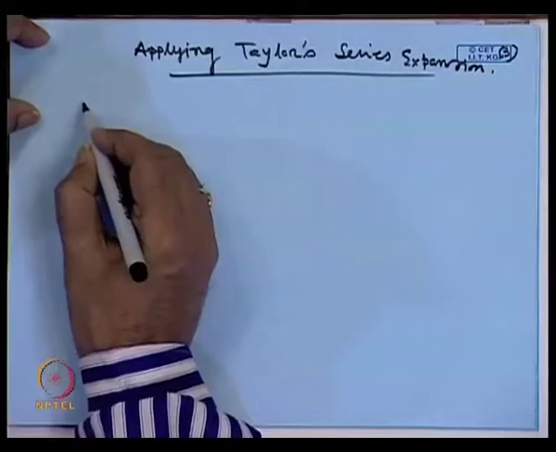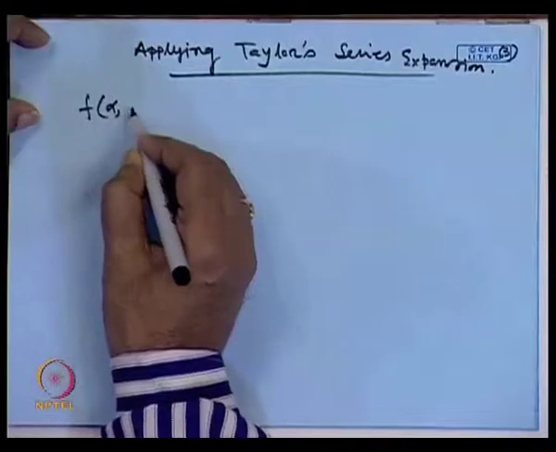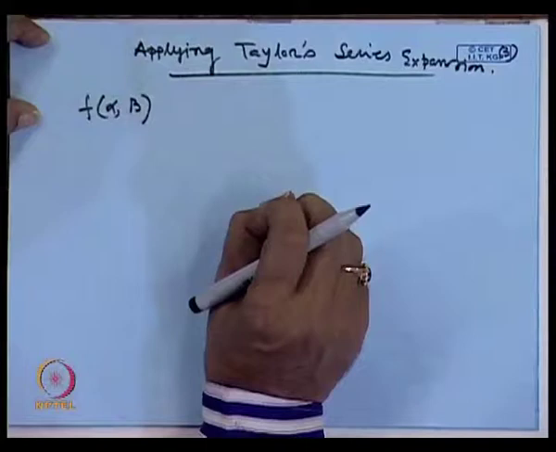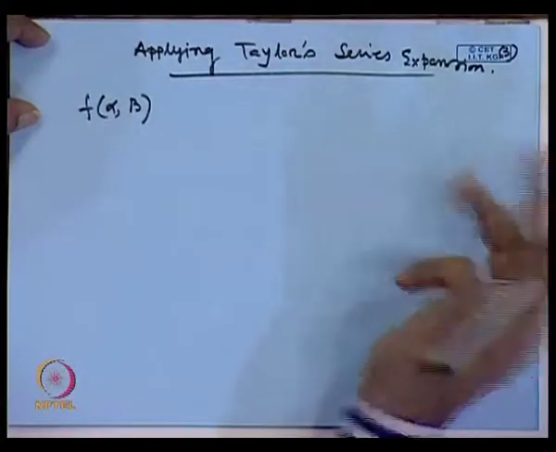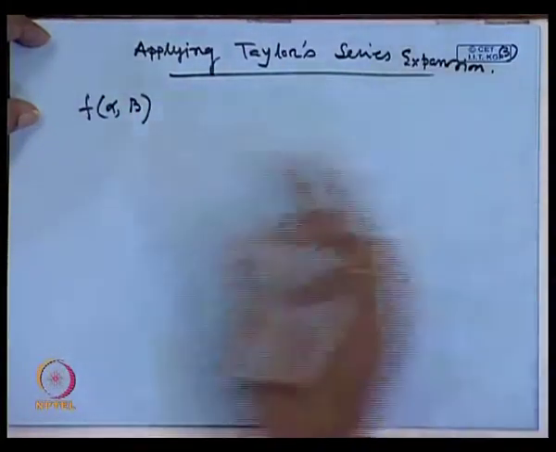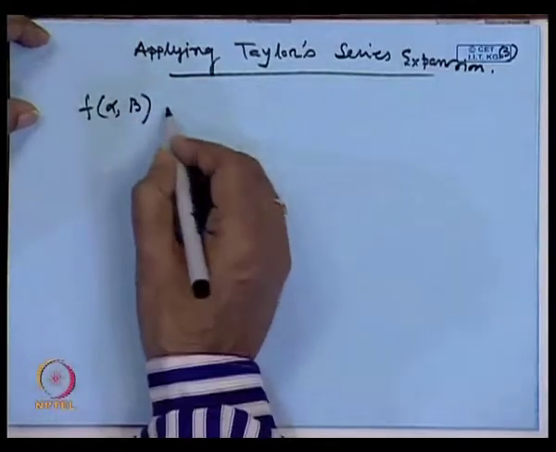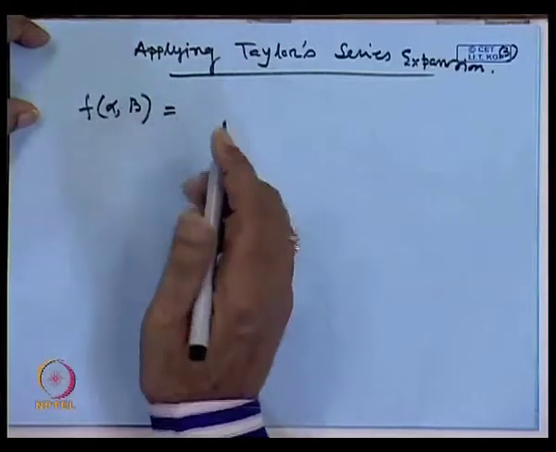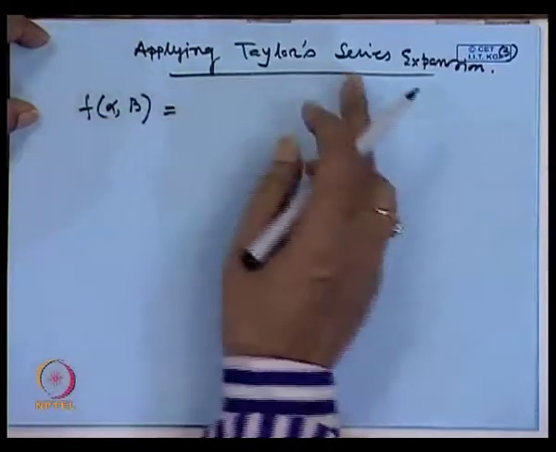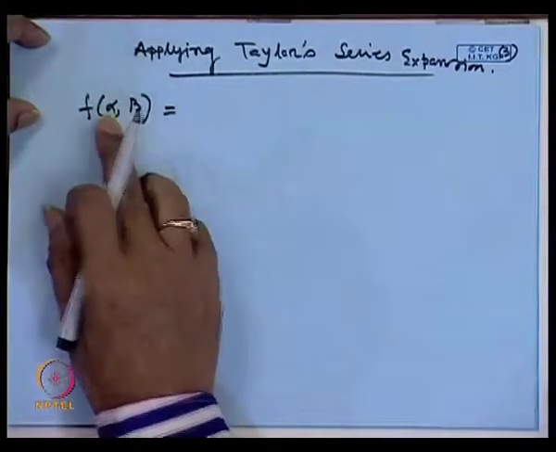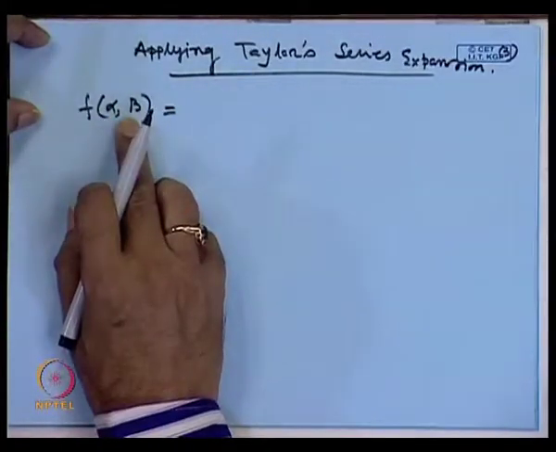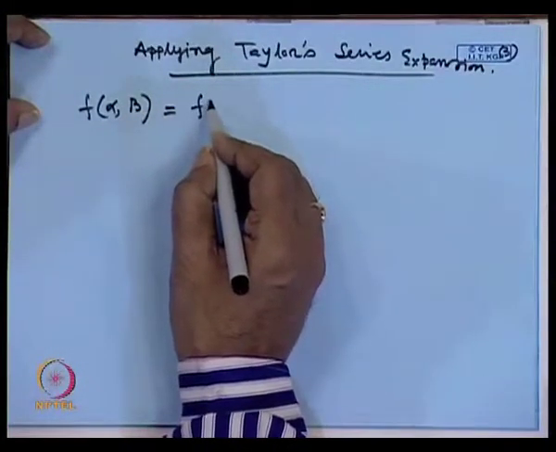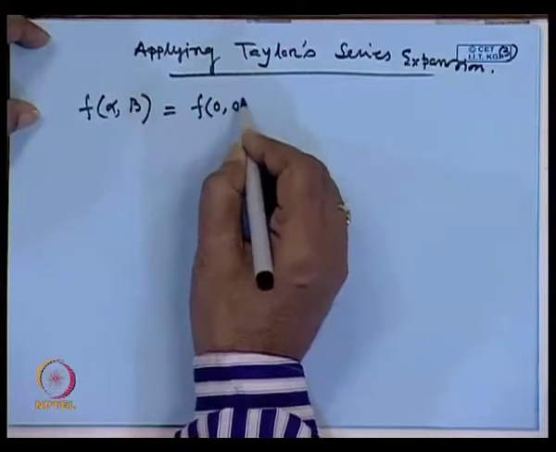Because f is a function of alpha and beta, where alpha and beta are the perturbations in the right hand side of the equality constraints and the inequality constraints respectively, the nominal value in the original problem is alpha equal to 0 and beta equal to 0. So, we are doing the Taylor series expansion around 0, 0.